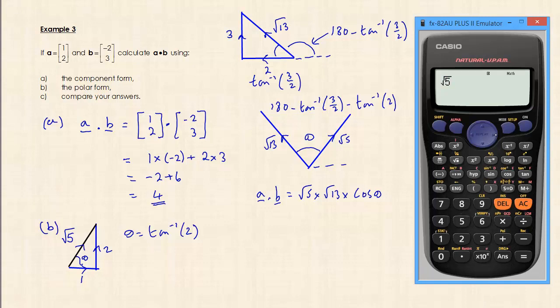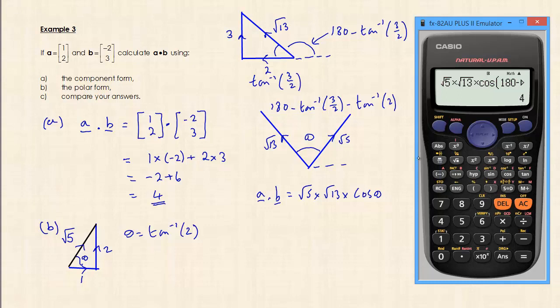So that's root 5 times root 13 multiplied by the cosine of 180, take away the inverse tan of 3 over 2, take away the inverse tan of 2.